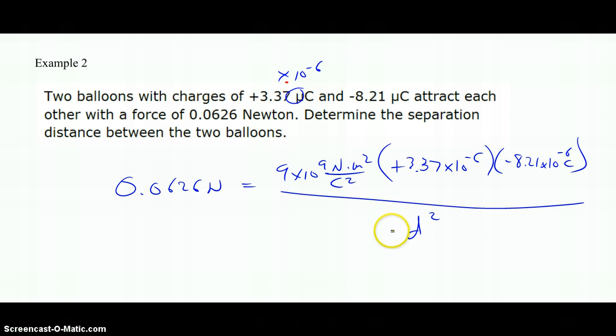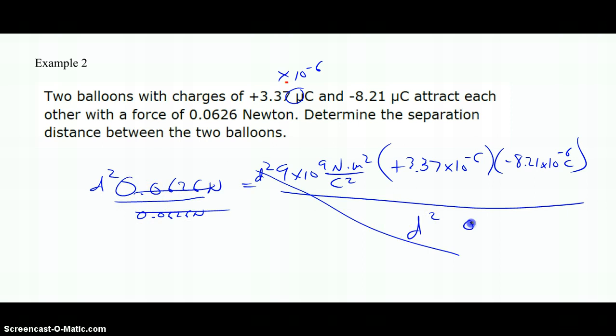Now in this case, all I really have to do is multiply both sides by distance squared, and then divide by 0.0626 newtons. That'll get rid of that, and put that over here. And now I can run the numbers and get a value for the distance.